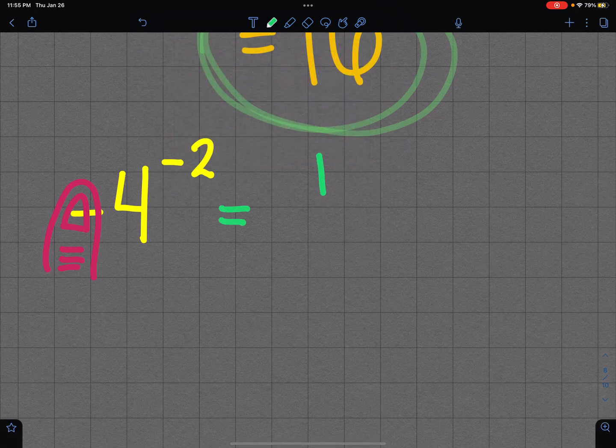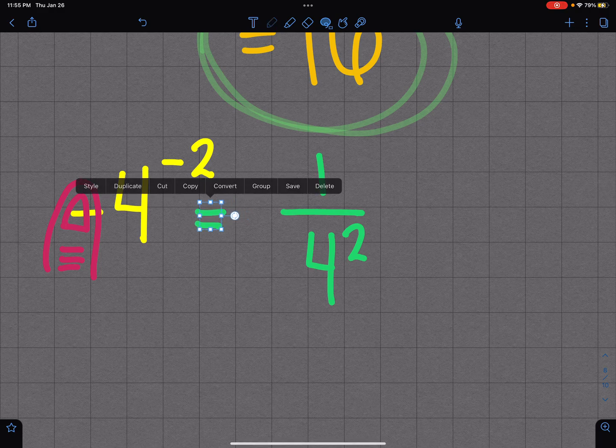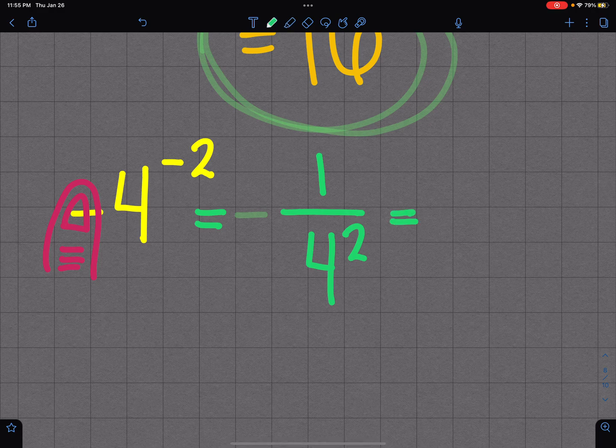It's 1 over 4 squared, okay? And for now, I'm ignoring that negative sign, but I know in my head that it's still there, okay? Now, 1 over 4 squared is 1 over 16, and I'm going to remember that negative sign and take my finger off of it now.